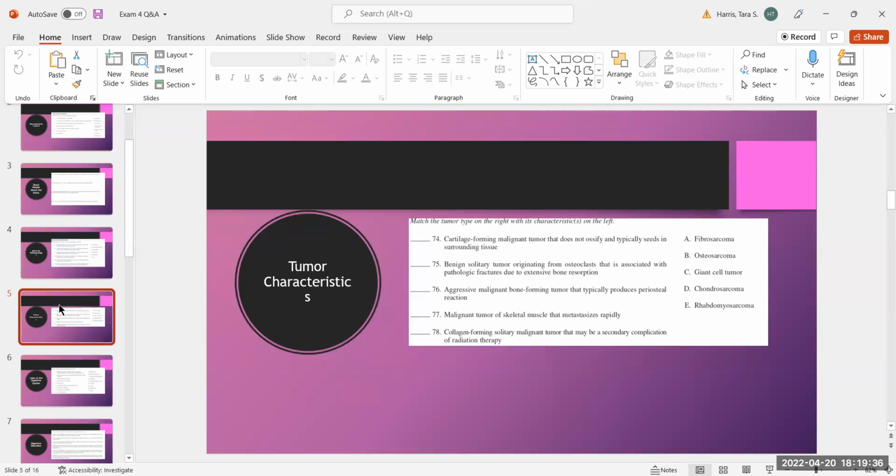So we know fibro, we know osteo, think about bones, think about skeletal muscle. You want to think about collagen forming bone cells. You also want to think about which ones are collagen or cartilage forming malignant tumors. Okay, you want to know which one of these would be an aggressive form of a tumor versus, of course, the benign tumors. Okay.